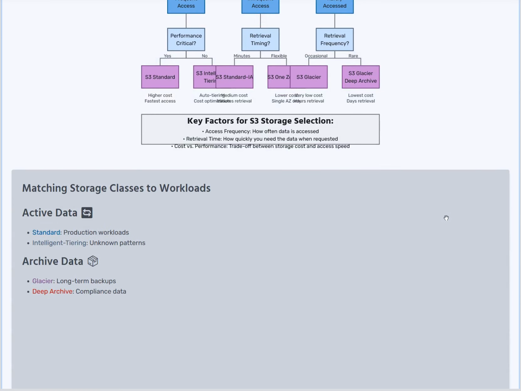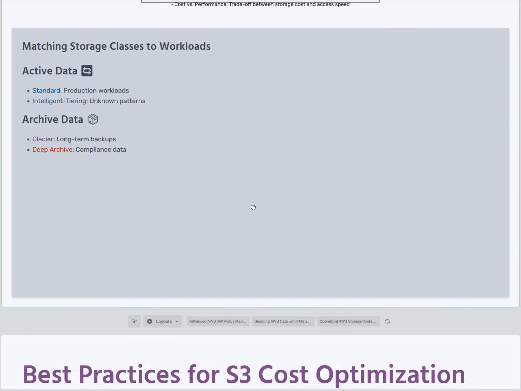The key factors in S3 storage selection are access frequency, how often data is accessed; retrieval time, how quickly you need the data to be accessed; and cost versus performance, the trade-off between storage cost and access speed.